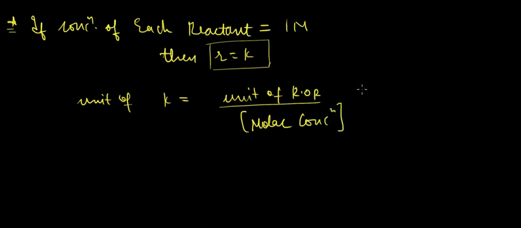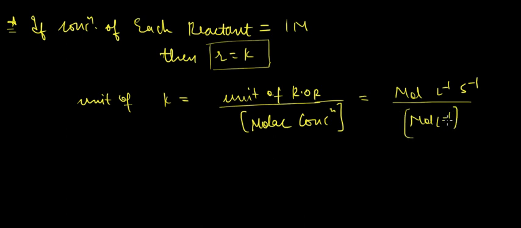The unit of rate of reaction is mole liter inverse second inverse, divided by molar concentration, mole liter inverse, to the power n. So the unit of K would be written as mole 1 minus n liter n minus 1 second inverse.